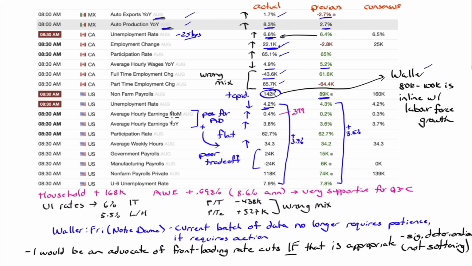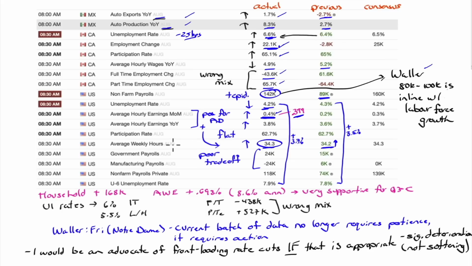Average hourly earnings month over month, 0.4. It actually came in at 0.399. So here's a good example of where the next decimal place wouldn't have mattered. 0.4. Come down here to average weekly hours, 34.3, up from 34.2, and that was even an upgrade up to 34.2.